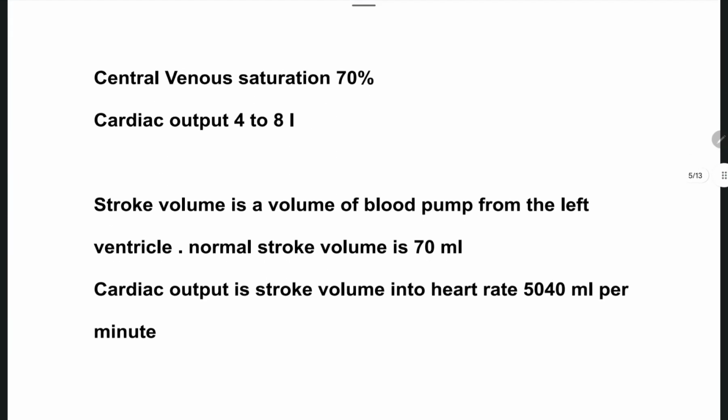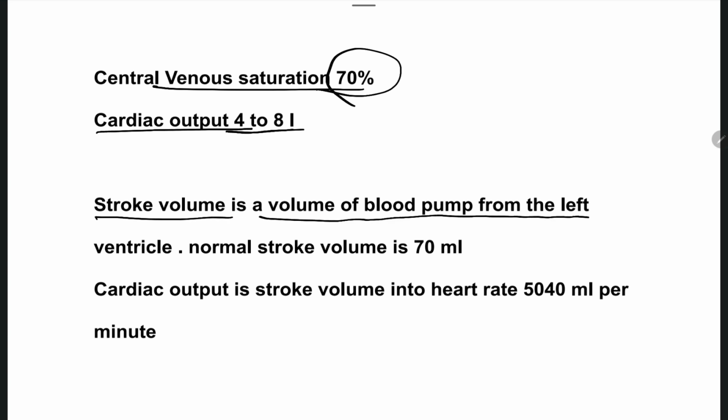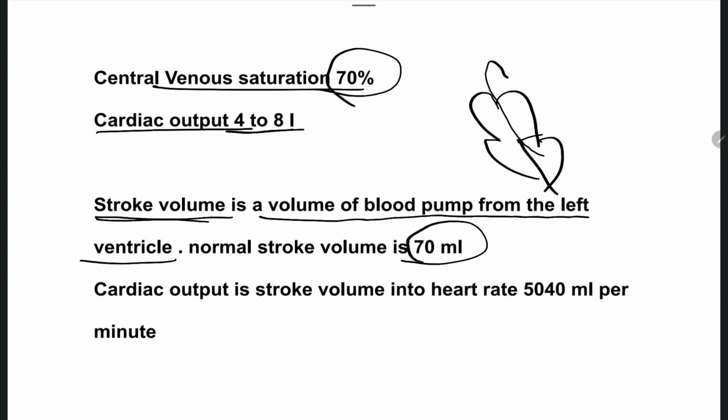And the next point is central venous saturation, which is about 70%. And the cardiac output is 4 to 8 liters. The next one is stroke volume, the volume of blood pumped from the left ventricle. When the heart is pumping, how many ml of blood is ejected from the left ventricle, that is called stroke volume, and that is 70 ml per beat.